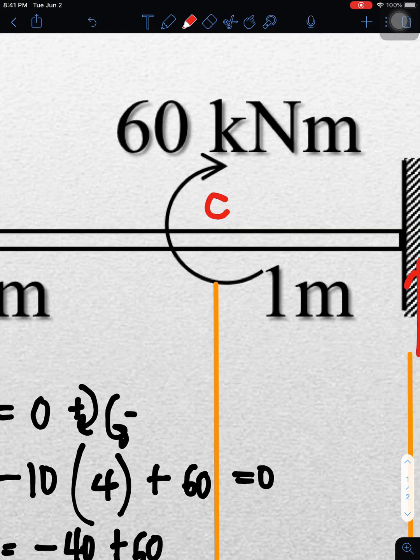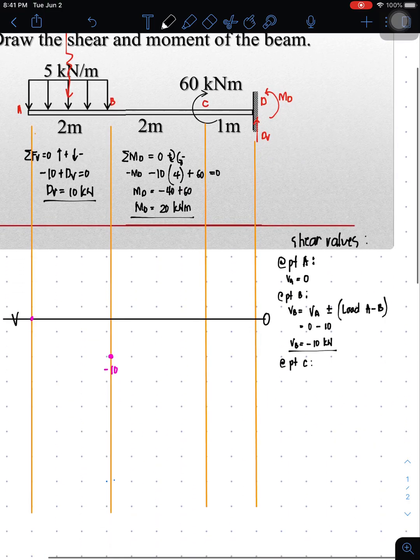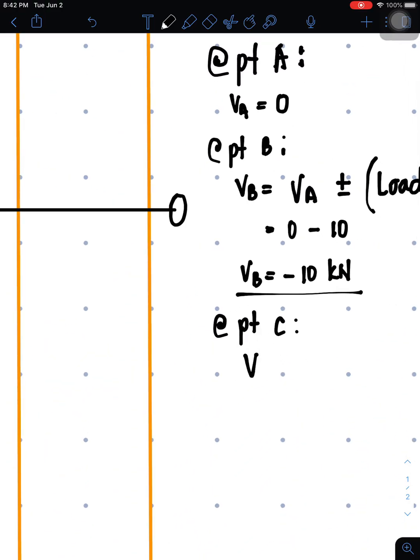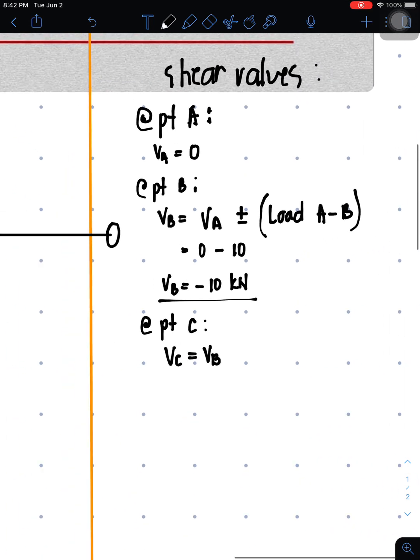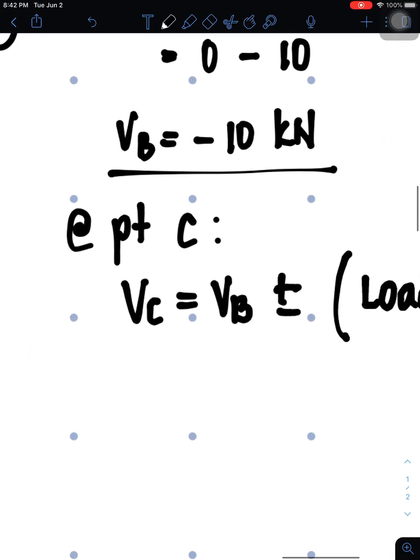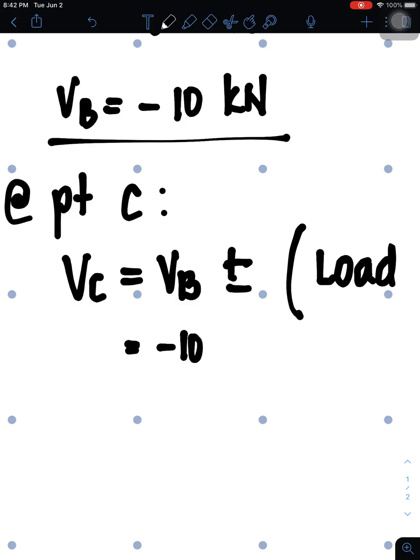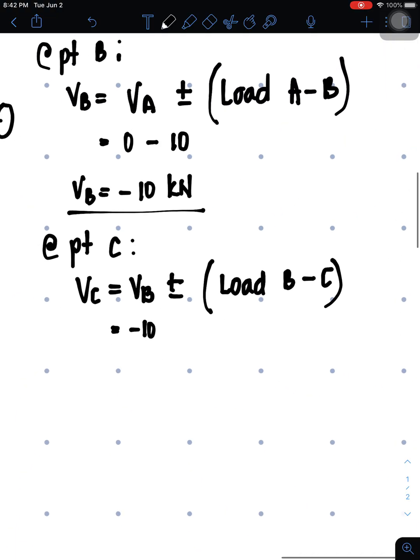So point C will give us only VC. And you copy the previous value, VB, then plus minus the area, or the load rather, from B to C. So copy the previous value, which is negative 10. And then let's just leave the plus minus first. Okay, let's examine the load between B to C.